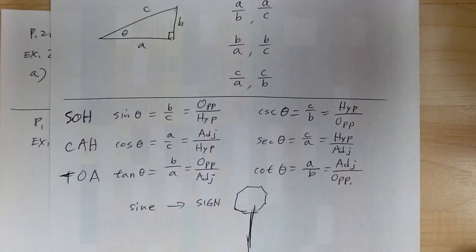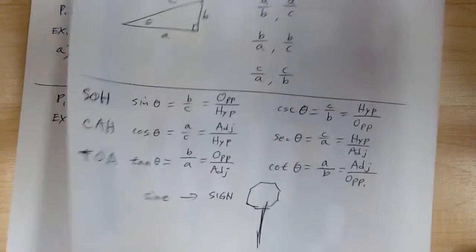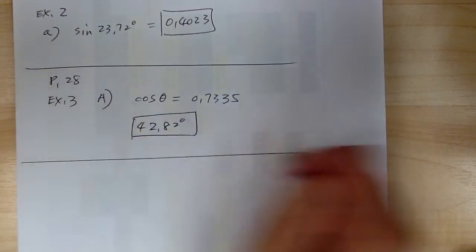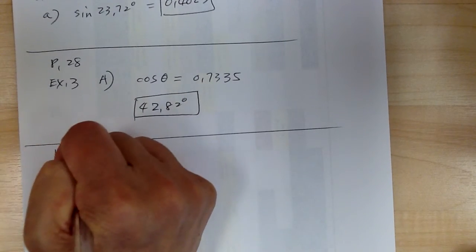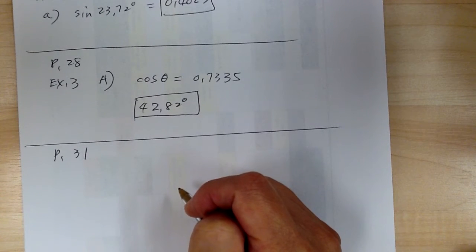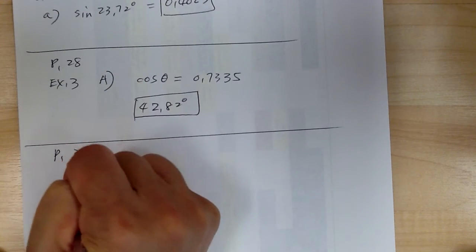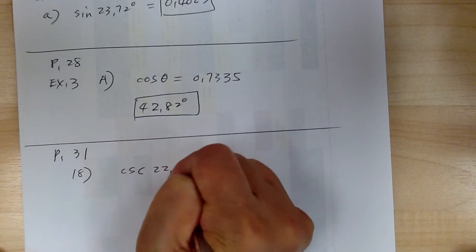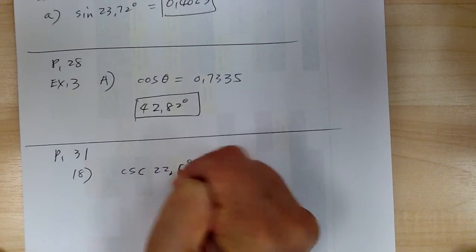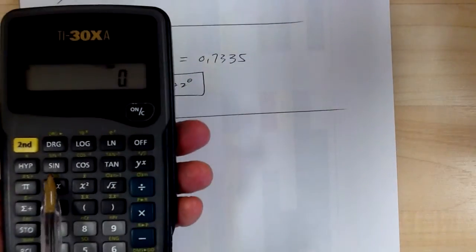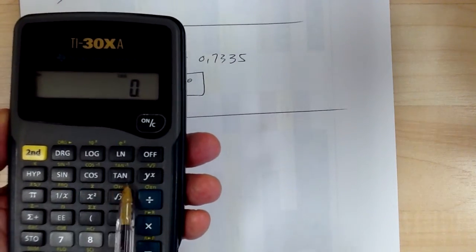So if you go to the homework page, let's go to page 31, and I'm going to do some evens. Like number 18. You're looking for the cosecant of 22.5 degrees. Now if you go on your calculator, notice there's no cosecant. Everybody see that?